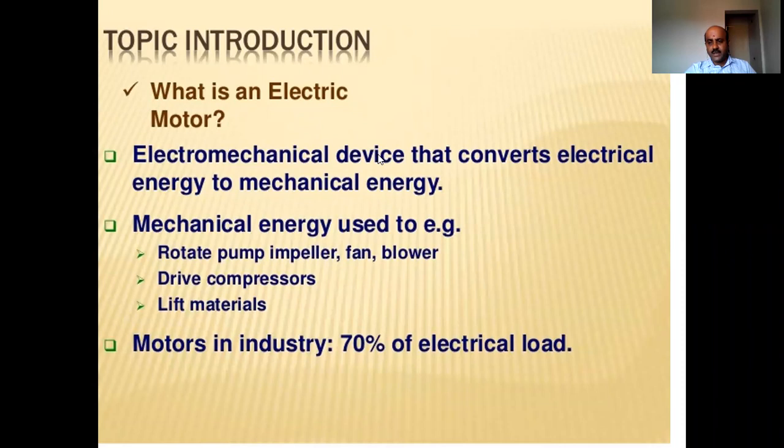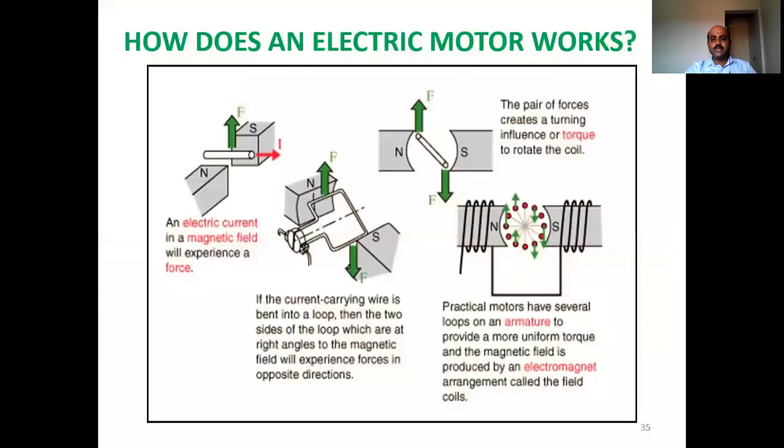Basically, it is an electromechanical device which converts electrical energy to mechanical energy. Now, how does it convert? What is the principle of operation of this electric motor, and what makes the device convert electrical energy to mechanical energy? This is what we are going to discuss under the principle of operation, or how an electric motor works.